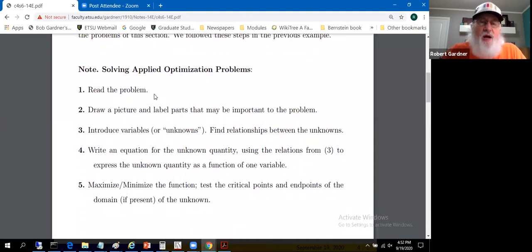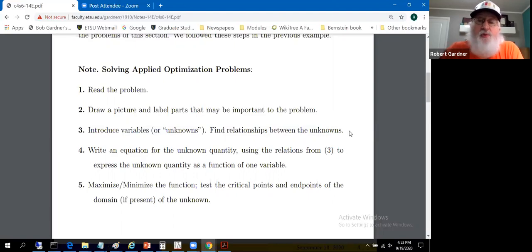Step 1, read the problem. Duh, so no work to show on that one, but of course you read the question. Secondly, draw a picture and label the parts that may be important to the problem. Okay, the width and the height were important in the picture in the previous one. Thirdly, introduce variables, unknowns.